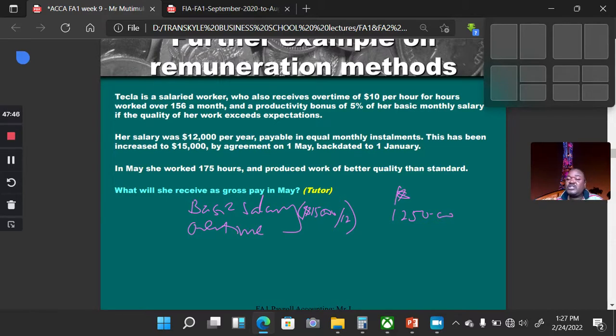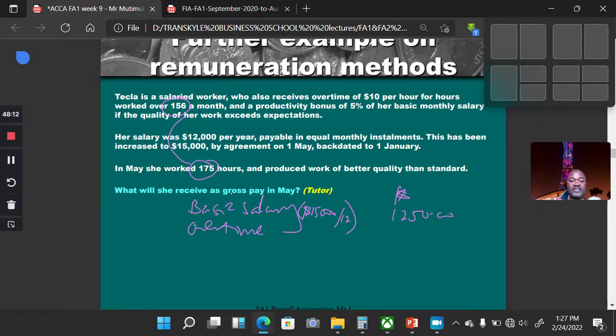So if she works hours over 156, she is entitled to overtime. Basically, by working extra hours, she's entitled to a bonus of $10 per hour. And we are told that she worked 175 from 156.